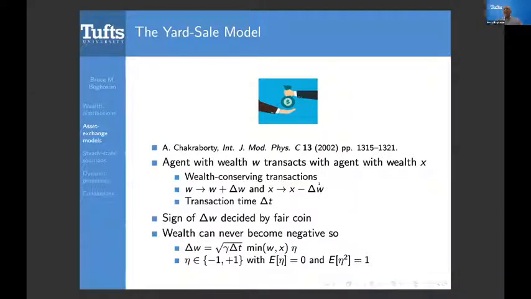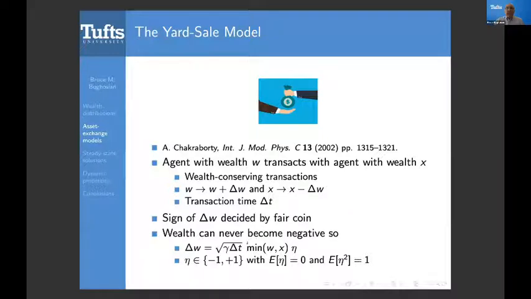Now, delta W can be positive or negative, so wealth here could go in one direction or the other. The sign of delta W, we're going to say, is decided by the flip of a fair coin. But we're also going to say that wealth can never become negative. So we're going to demand that the magnitude of delta W be smaller than the wealth of the poorer of the 2 agents.